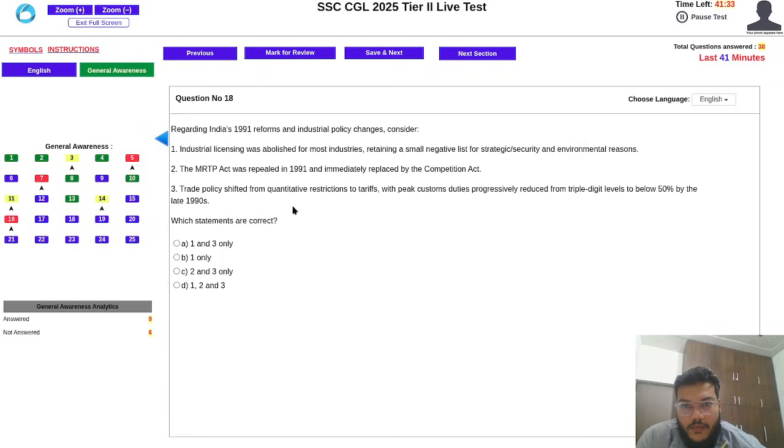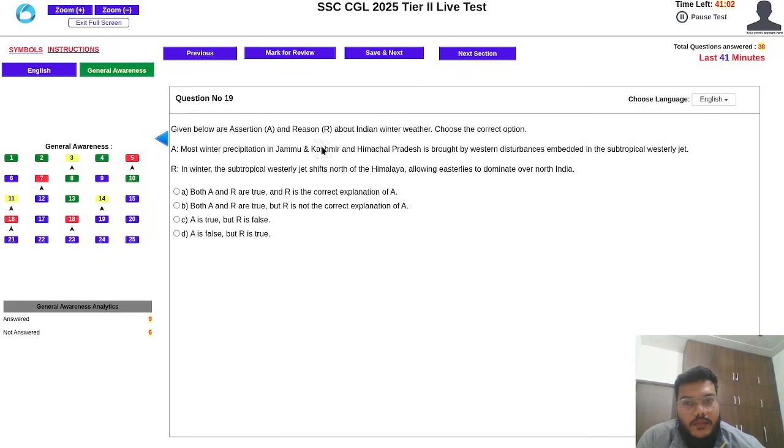The trade policy shifted from quantitative restriction to tariffs, with customs duty rates reduced from triple digit to below 15% rate. 3 भी ठीक लग रहा है. And immediately replaced by 1992.